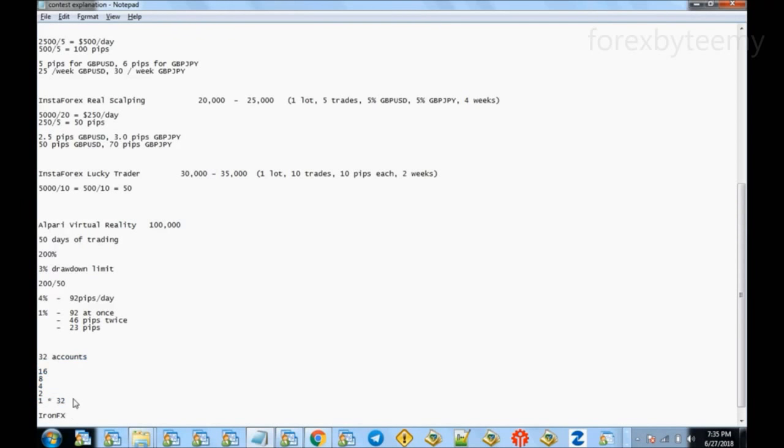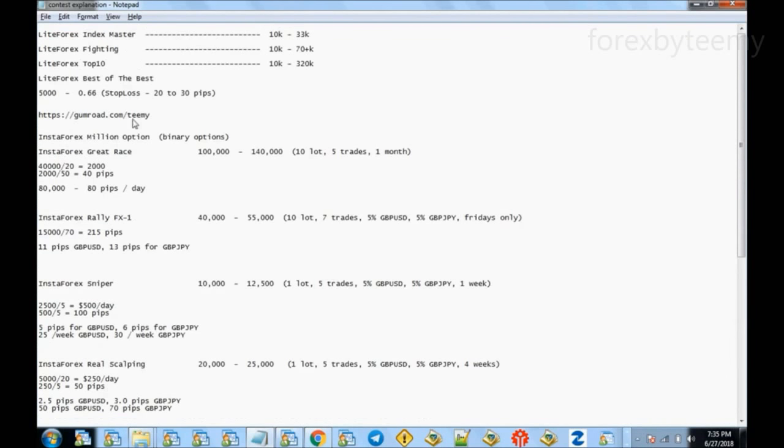All right. But it's also possible that other brokers see that the contest is for you to show your best in terms of quality, and one way they can discourage people from doing something like this is to go by way of this Forex Live, Forex Best of the Best contest, which evaluates based on the lot sizes and the risk you use to win the contests.